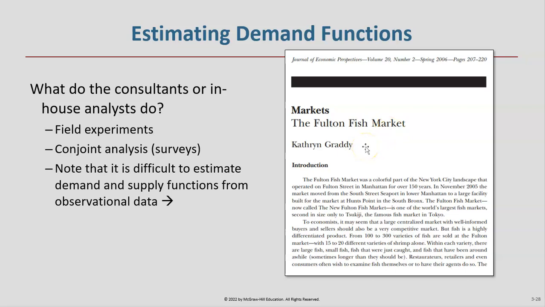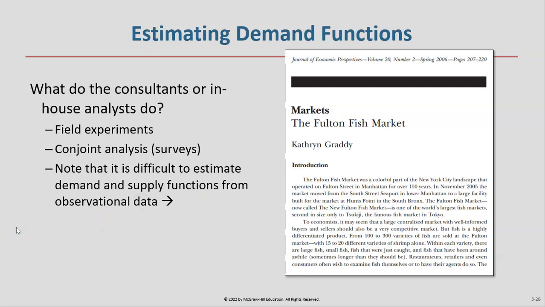Catherine Graddy was able to isolate the price effect caused by the amount of fish that were caught due to weather variations. By doing that, she was able to trace points along a demand curve. That's known as the endogeneity problem or simultaneous equations problem in econometrics.